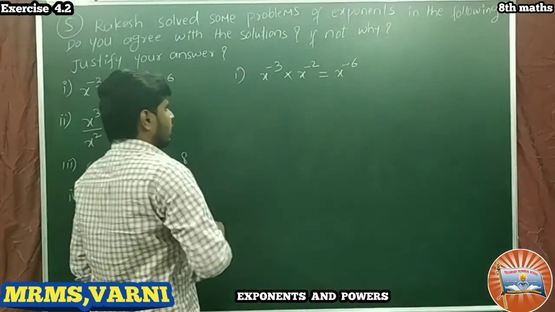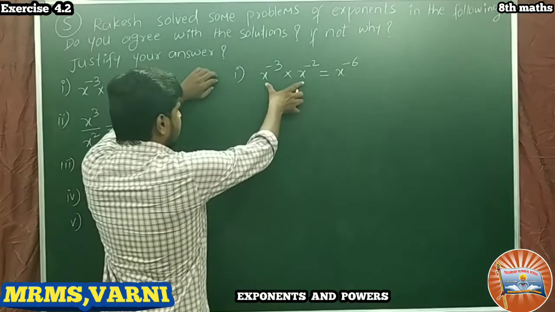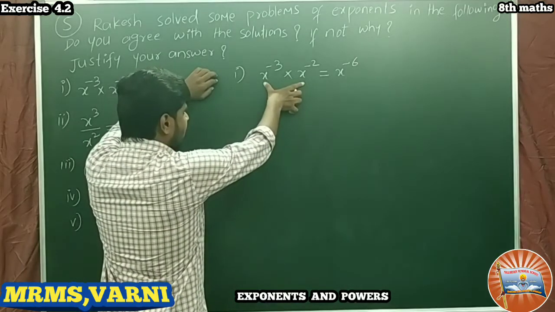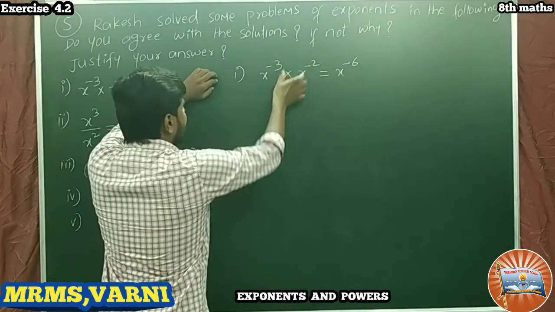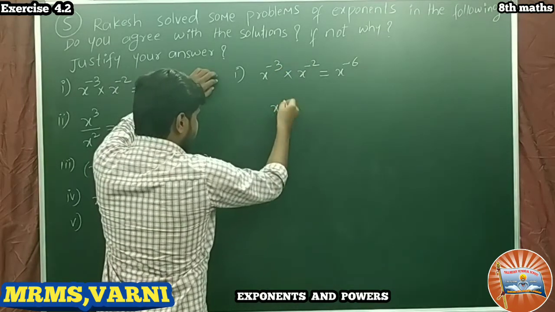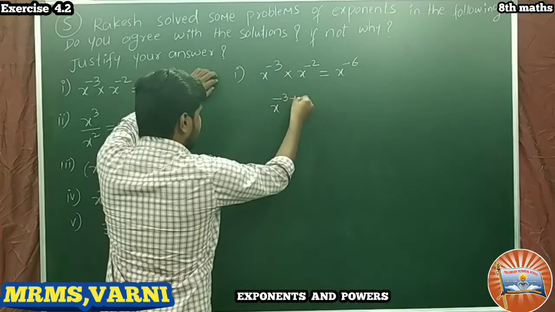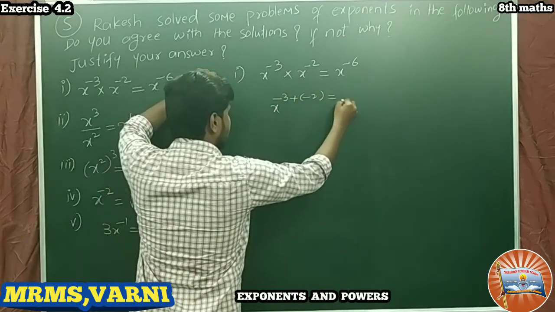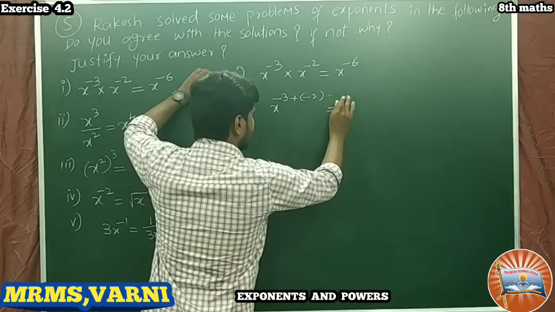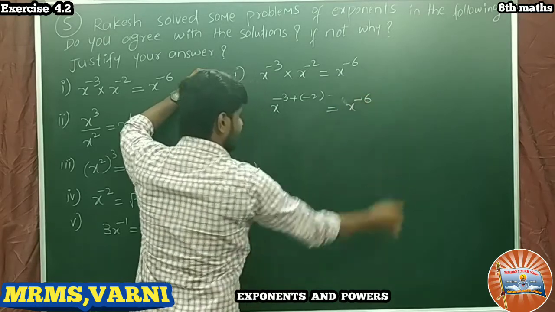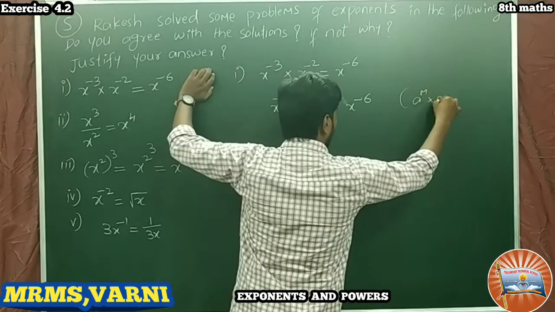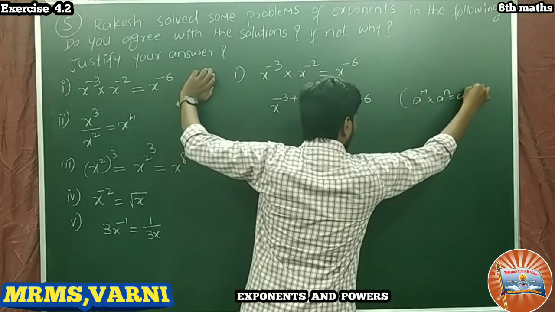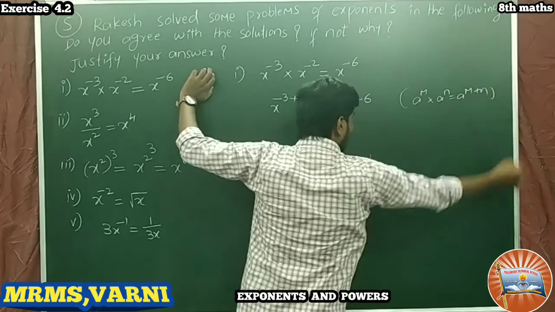Right. So here the bases are the same, that is why we should add the powers. So x power minus 3 plus minus 2 is equal to x power minus 6, with the formula a power m into a power n is equal to a power m plus n.